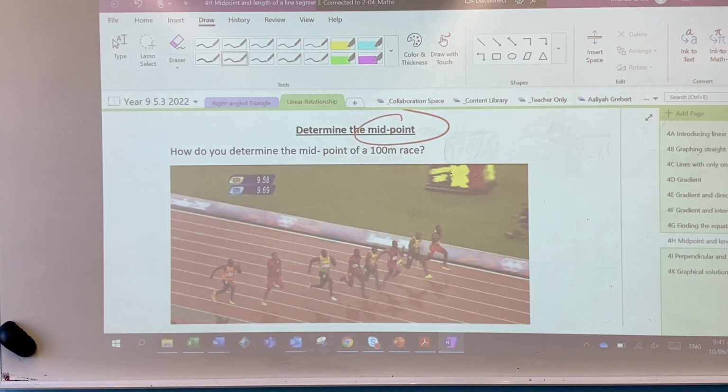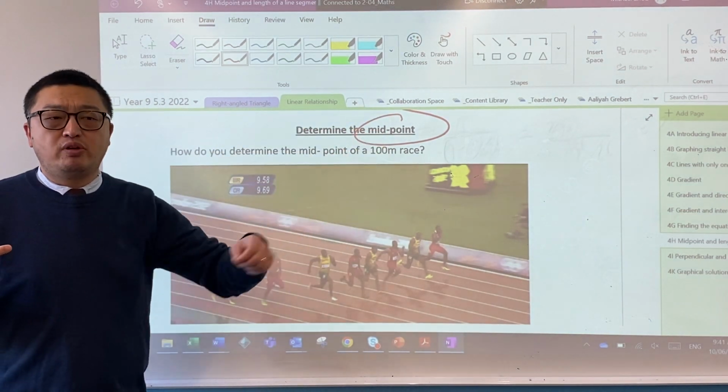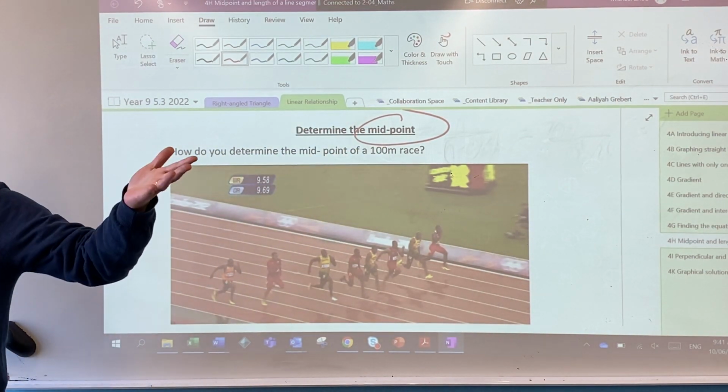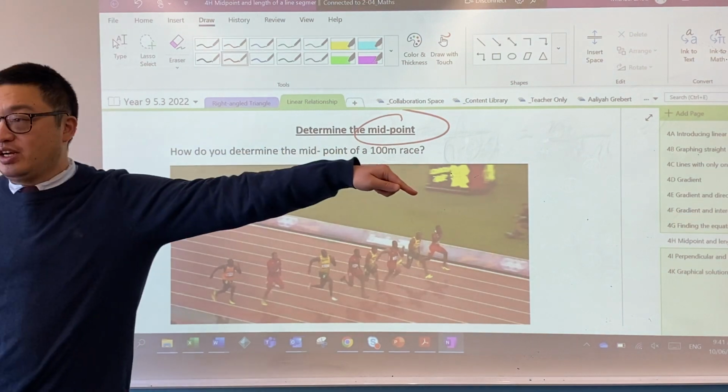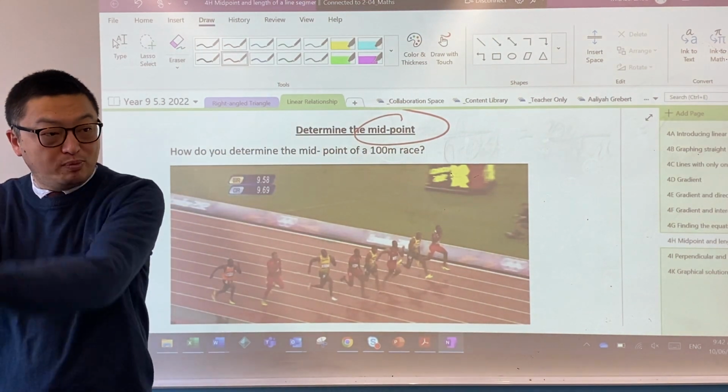Alrighty, let's have a look. When we say this phrase, middle point, what does it mean? What does the word middle mean? Point in the middle. If I got a point here and a point here, how do I find my middle point?